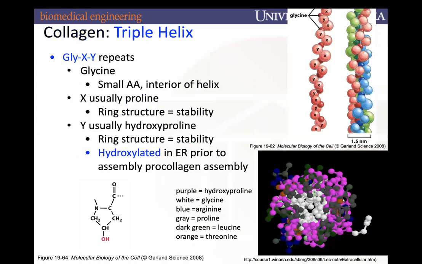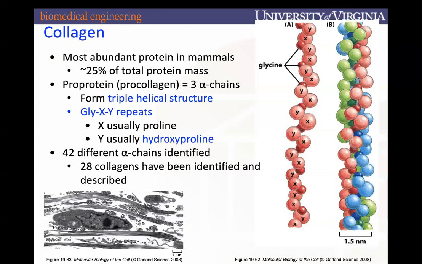Yes? Real quick, so is each alpha chain considered a pro-protein? That's a good question. So it's the entire triple helix of collagen together that's considered to be in its pro-protein form.